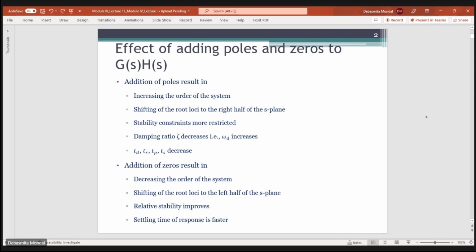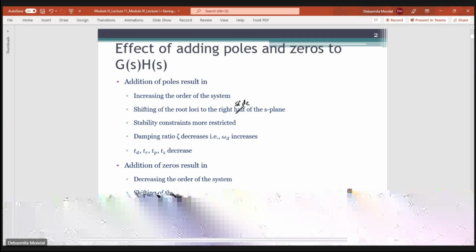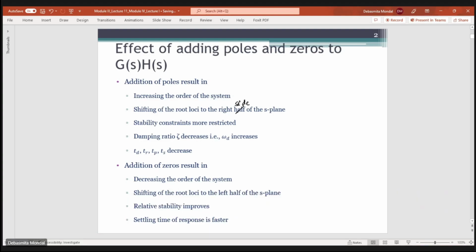Also, adding poles shifts the root locus to the right side. It might so happen that the root locus reaches the right half of the S-plane, thus making the system unstable. Since the whole root locus is now moving towards the right, the stability constraints are more restricted.